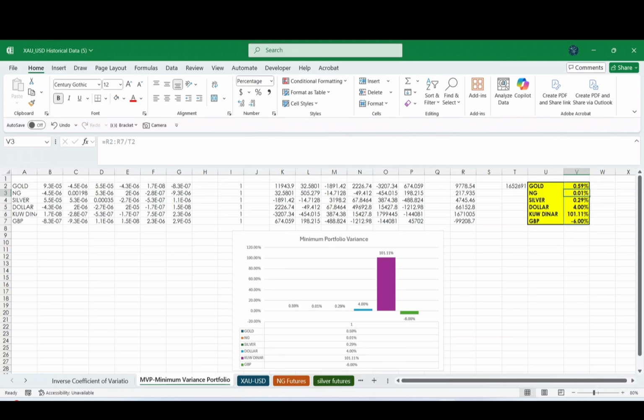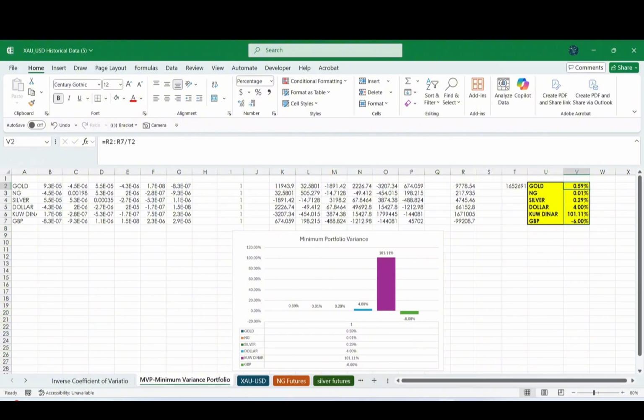Why is this -6? Because all these other positions will be long positions, and I can hold a short selling position on GBP to counterbalance the correlation between these assets.